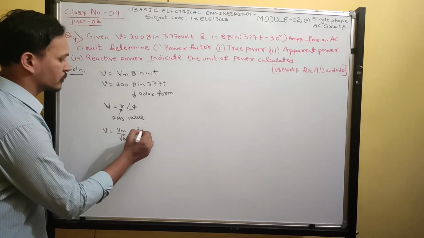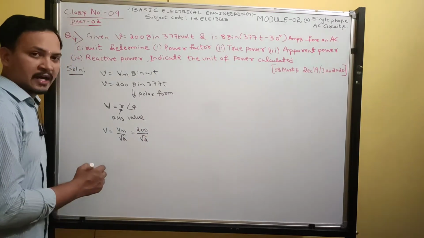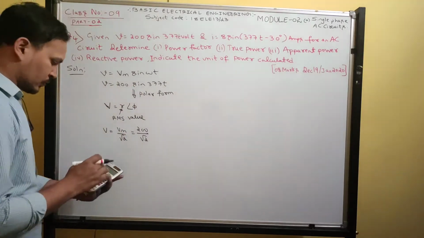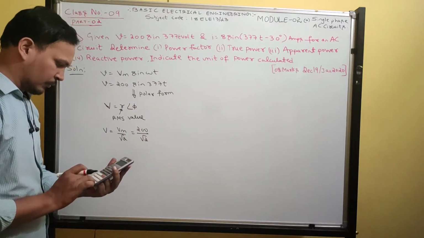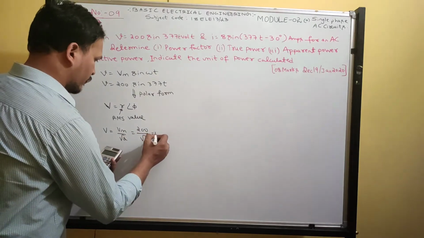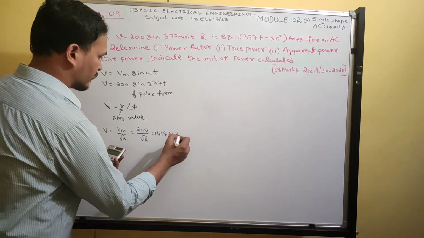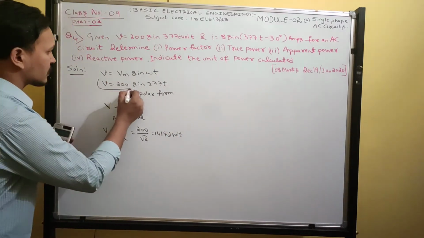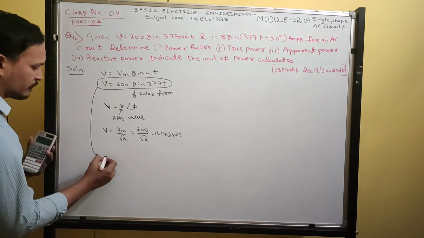What is Vm? 200 divided by root 2. Do this in the calculator and you will get 141.42 volts.